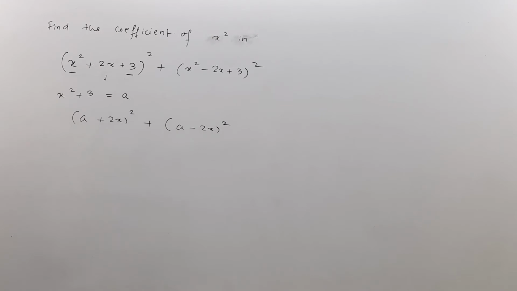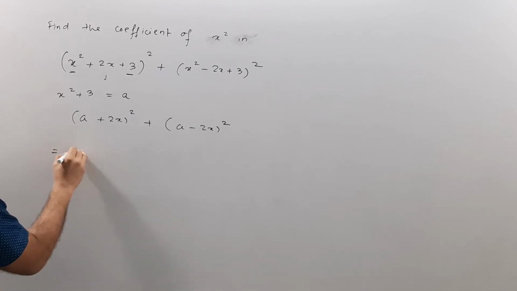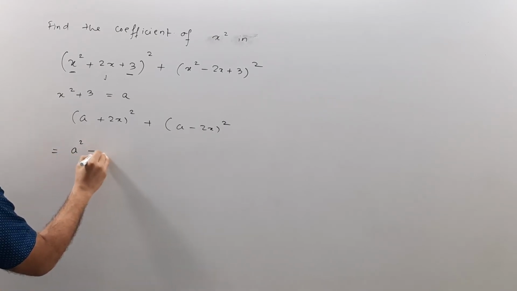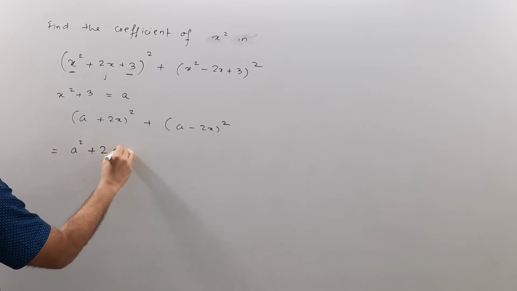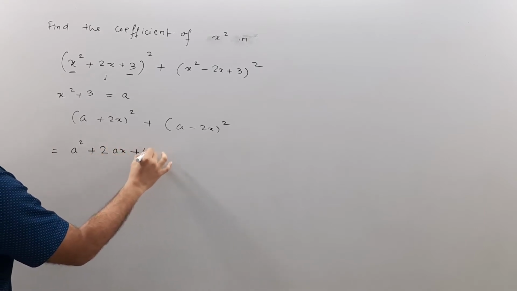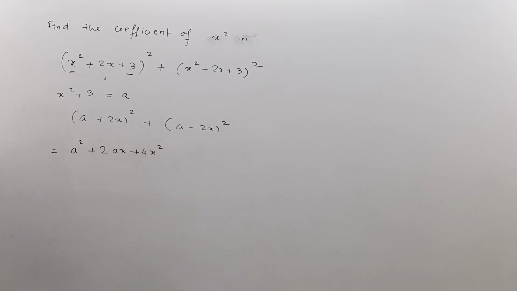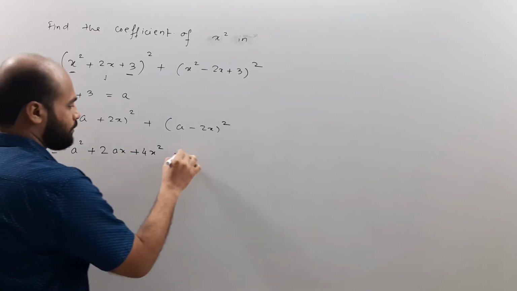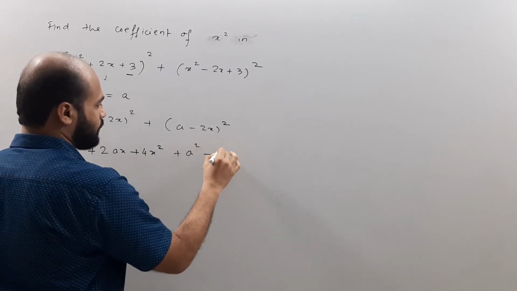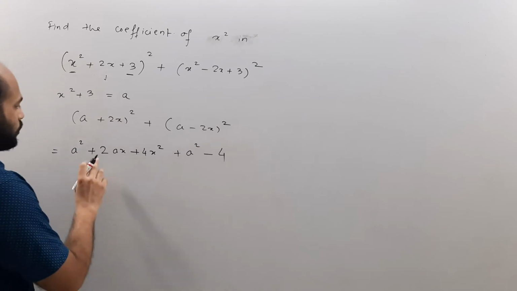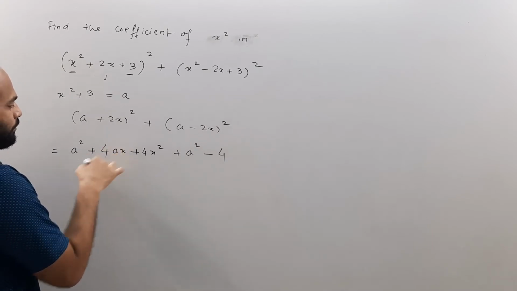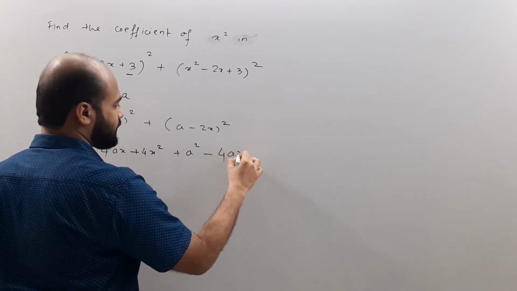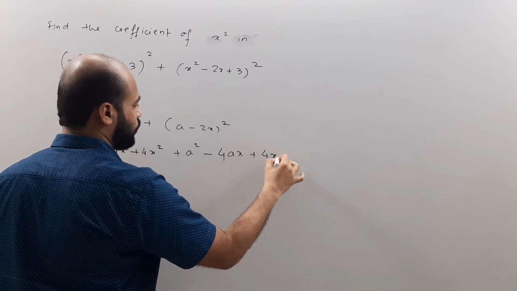So if I expand this, I'll get A square plus 4ax plus 4x square, and this one would be A square minus 4ax plus 4x square.